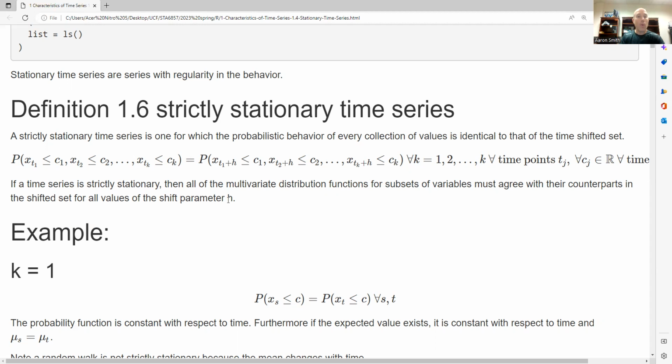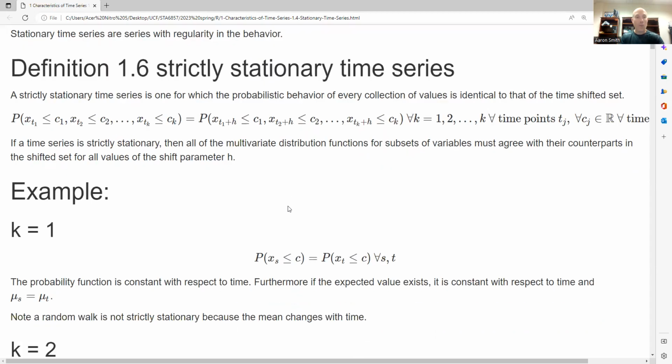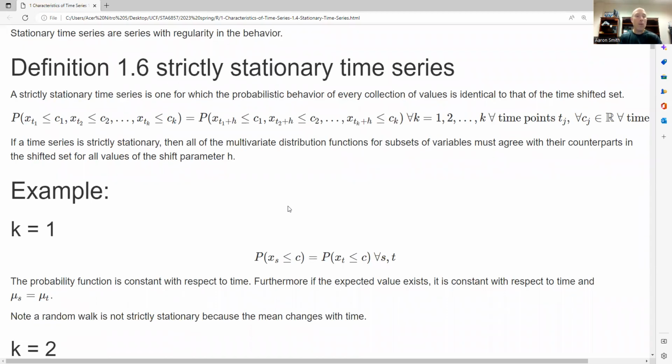So it is critical that we are having the same shift here every single time for strict stationary. All right. Well, in general, it's not possible for us to handle this many variables in a probability statement operationally.